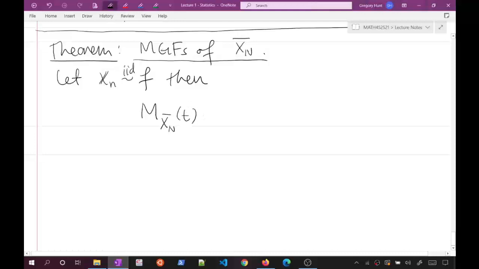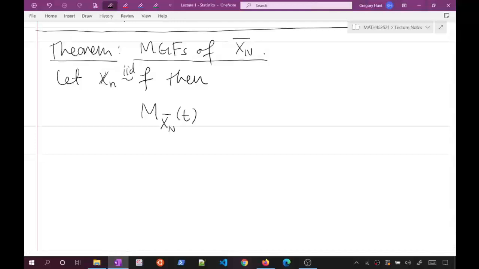The data, the X_n's, are random. X bar is a function of the data, therefore X bar is random. What you have to get used to in this class is thinking of statistics not as numbers that you calculate, but as random variables, because ultimately they are a function of random variables, and therefore they are random variables. So X bar is a random variable.